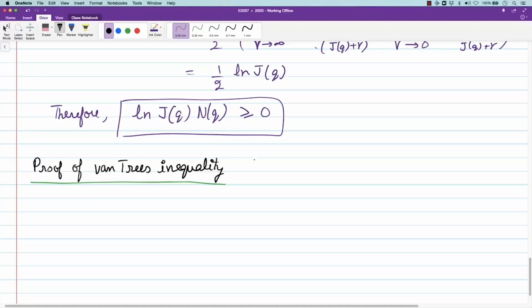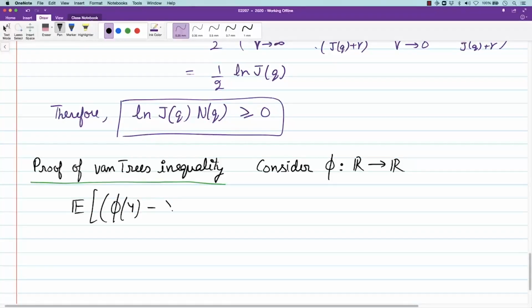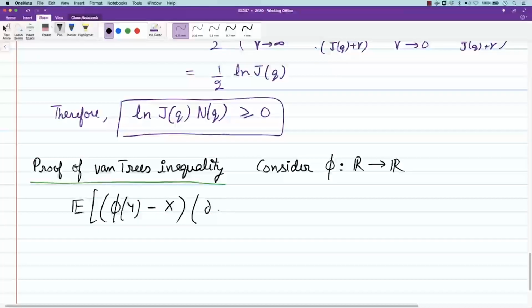So for any function phi from R to R, look at the expected value of phi of y minus x times the derivative.